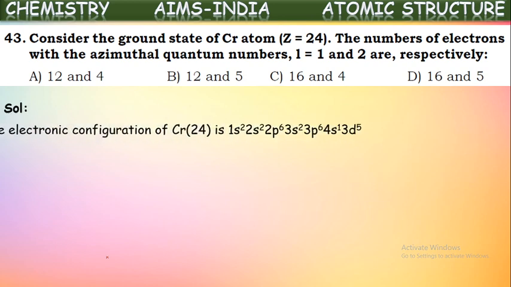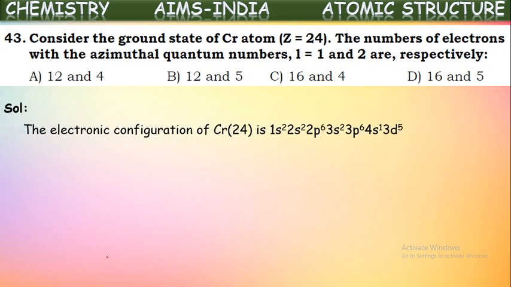The configuration is 1s2, 2s2, 2p6, 3s2, 3p6, 4s1, 3d5. Now l equal to 1 represents the p subshell, and l equal to 2 represents the d subshell. So we have to find the number of electrons in the p subshell and in the d subshell for chromium, respectively.